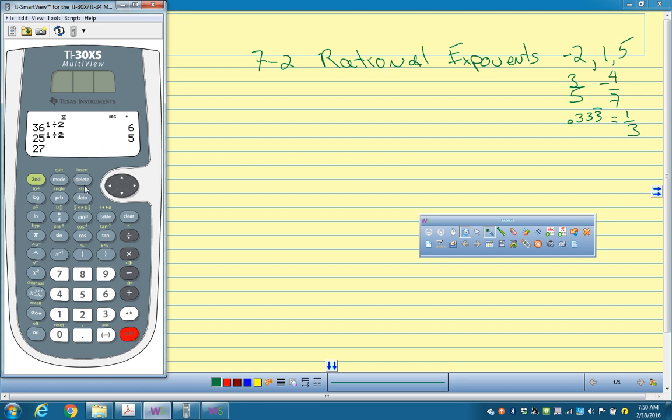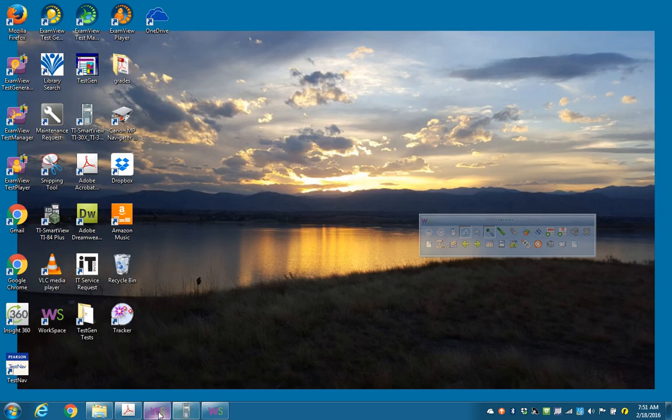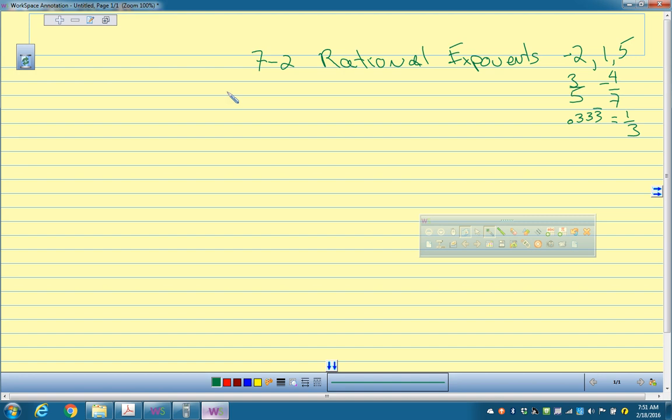So that shows you something. That tells you that 36 raised to the 1/2 power is the same as the square root of 36, which is equal to 6.